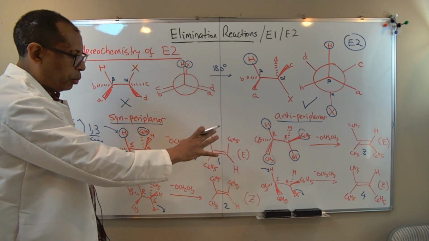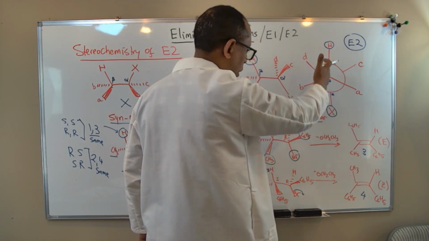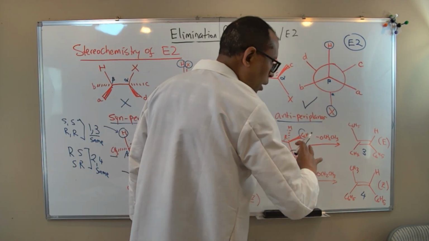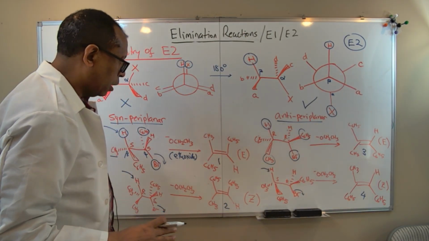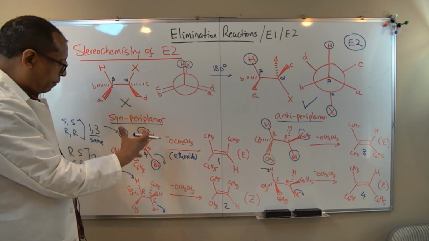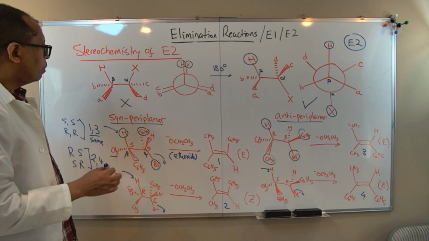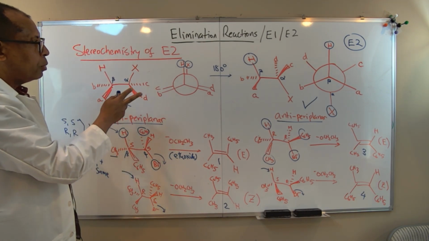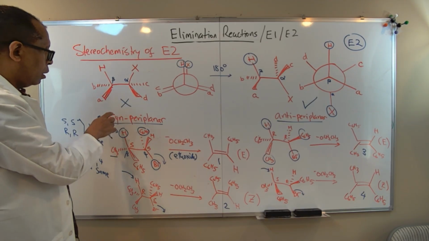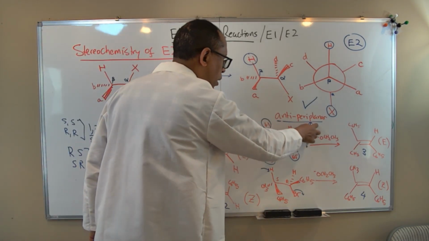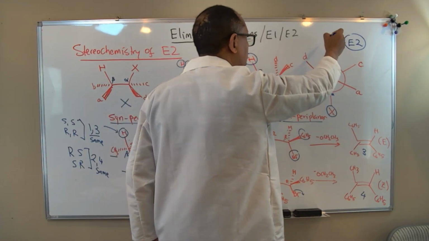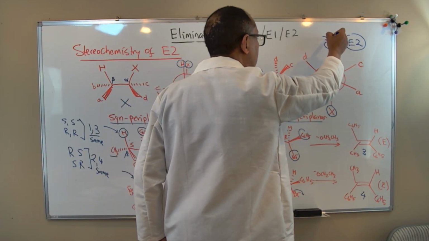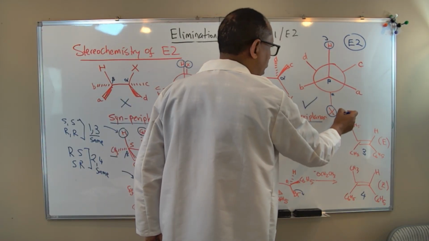But you have to always be careful by arranging them antiperiplanar for a free rotating alkane. So E2 reaction, to recap, it needs antiperiplanar arrangement between the beta hydrogen and the alpha halide.